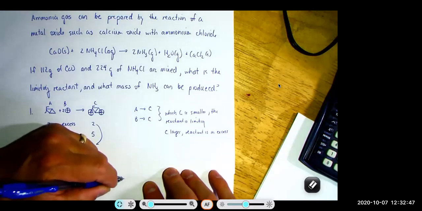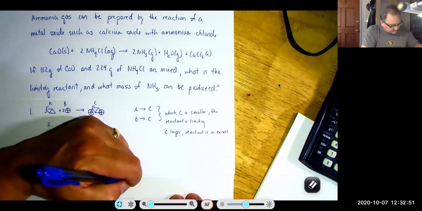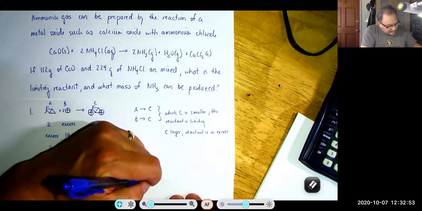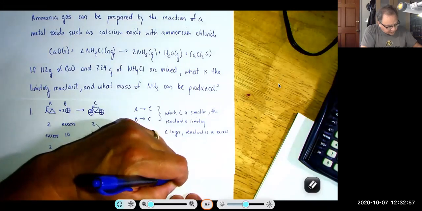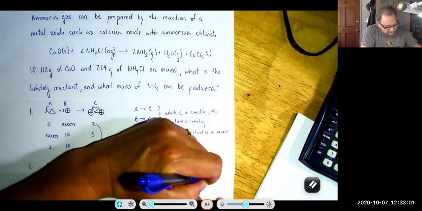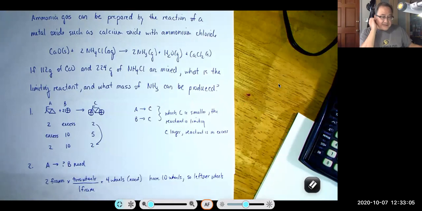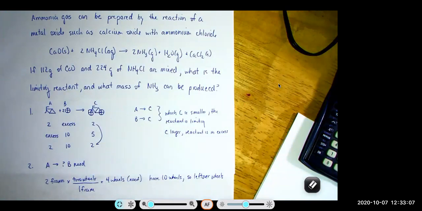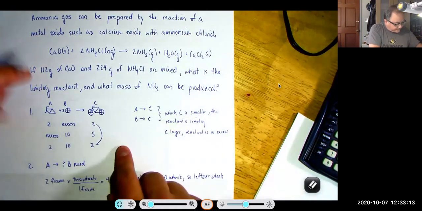So this is what we need. We have 10 wheels, so there's going to be leftover wheels. And if there's leftover wheels, then what's limiting? Frames. And that's what we figured out here too, right? The frames are limiting.